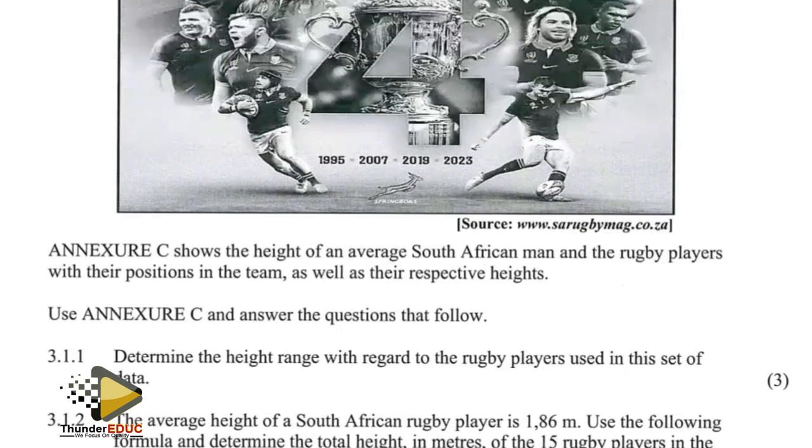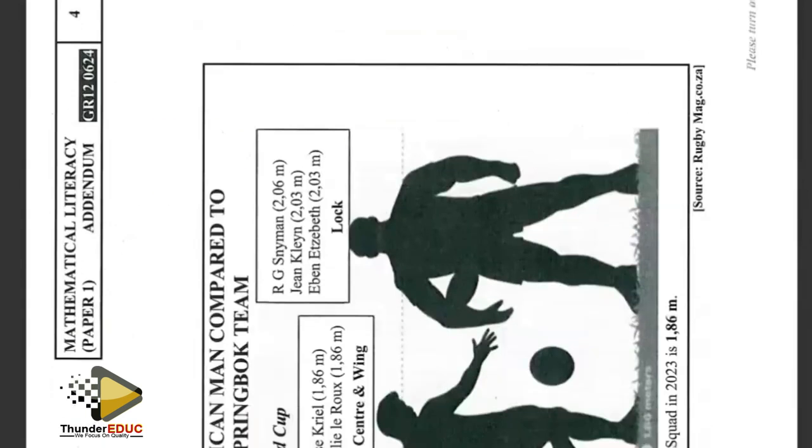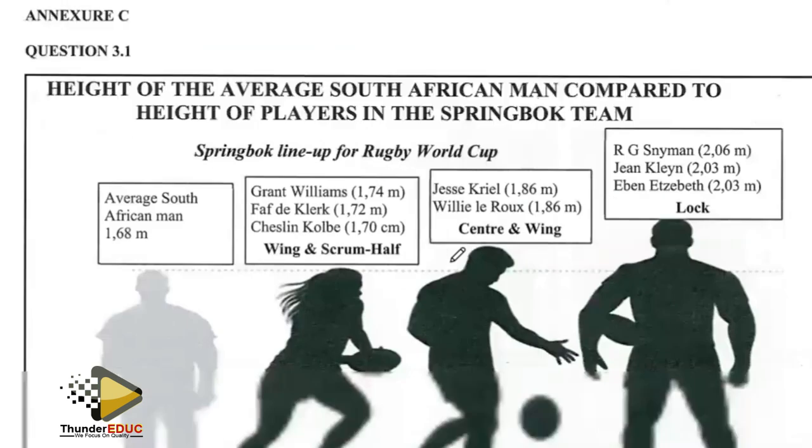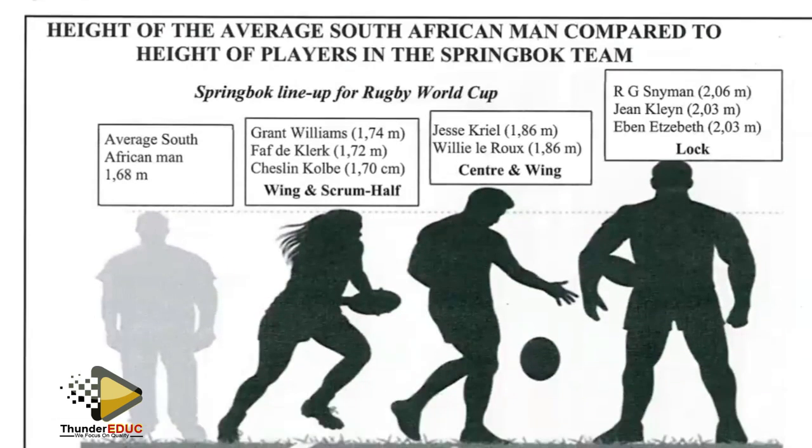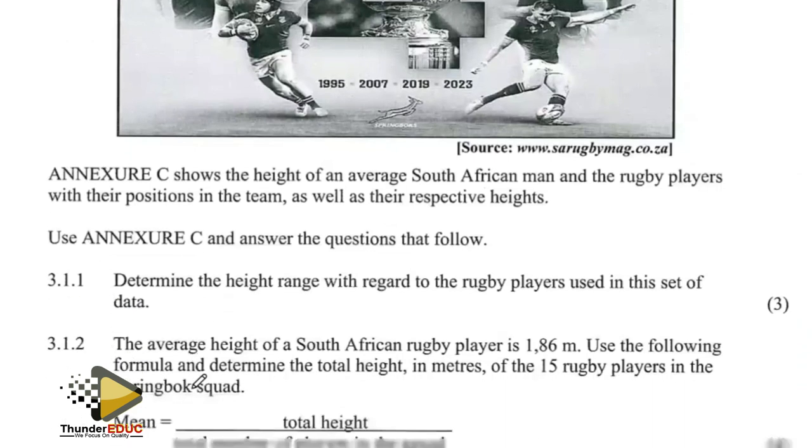Question 3.1.1: determine the height range. Take note of that. Whenever you hear range, what has to come to your head? Range equals the maximum value minus the minimum value.